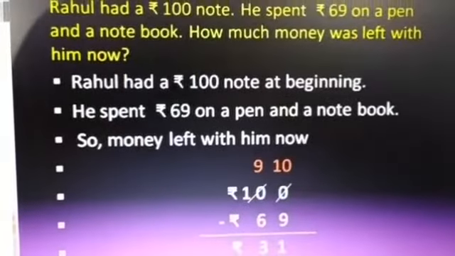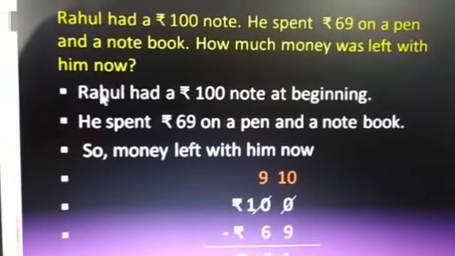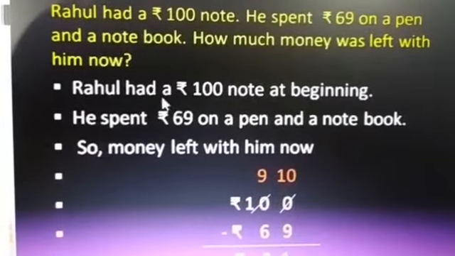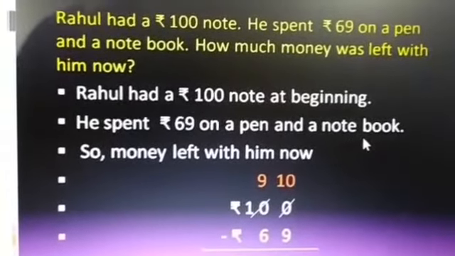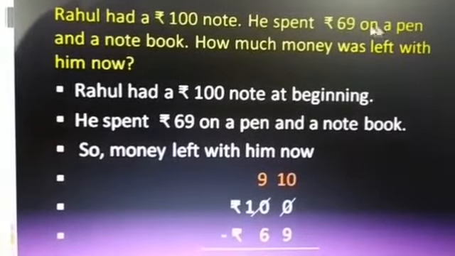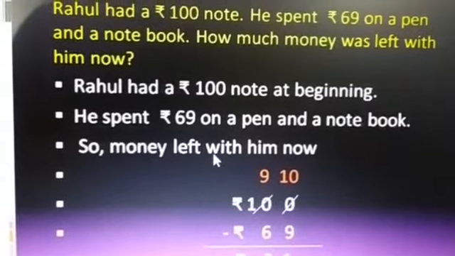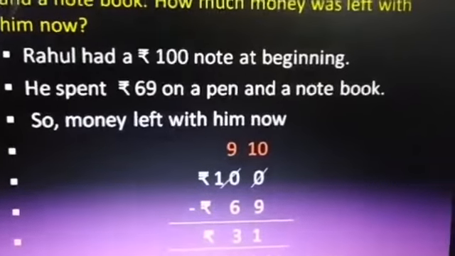So let's start. How to write the question answer? Rahul had 100 rupees note at the beginning and he spent 69 on pen and notebook. So how much is left with him now? Left. So left means what to do? Left means, yes, it is subtraction.